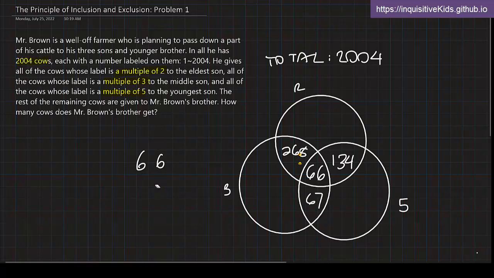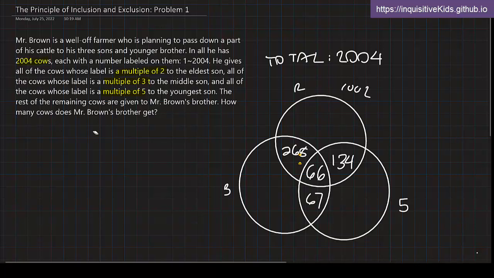So we have all of the overlapping parts right here. And now it's the part where we find all of the rest of these, right? So first, how many multiples of 2 are in 2004? Well, we divide 2004 by 2, and that's 1002. And then that's a total of 1002 right here.